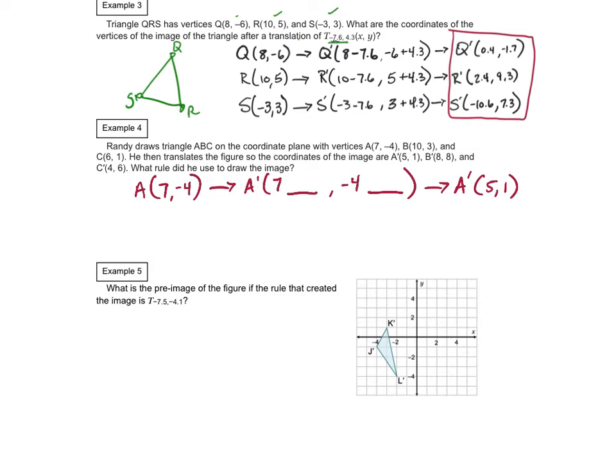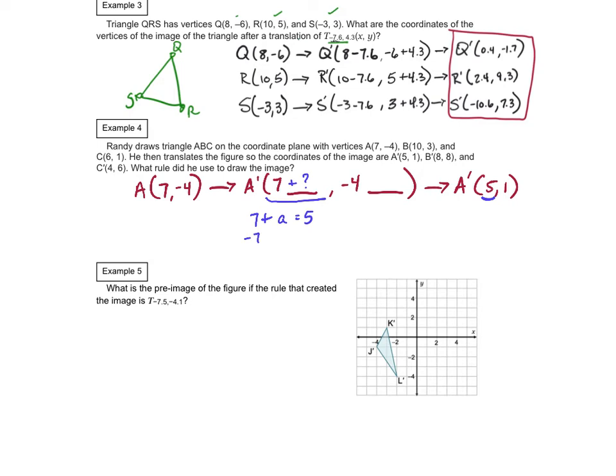So what moved? Well, I know that the new value here of A prime, the X value, is 5. So how did it change? Well, I have plus some number here, so I have 7 plus, we'll call it A, equal to 5.